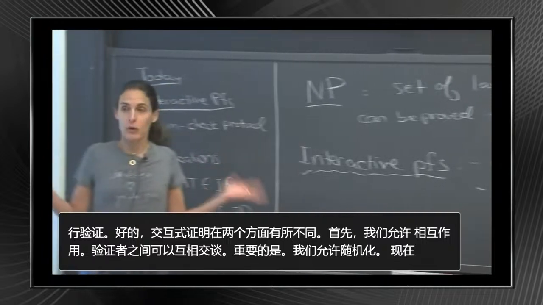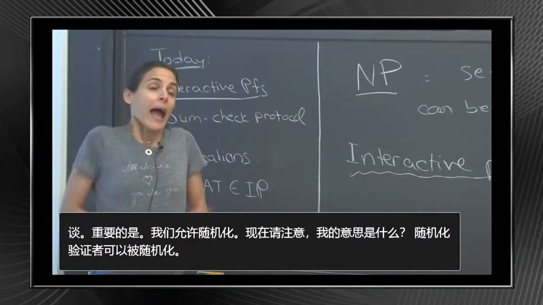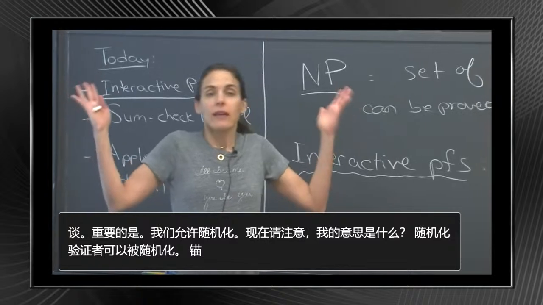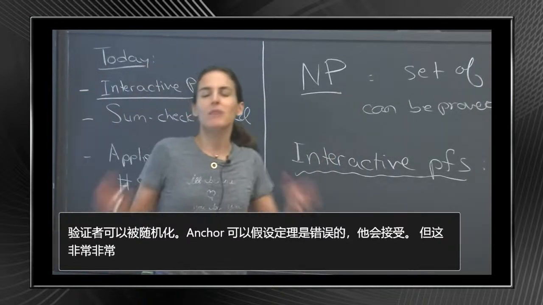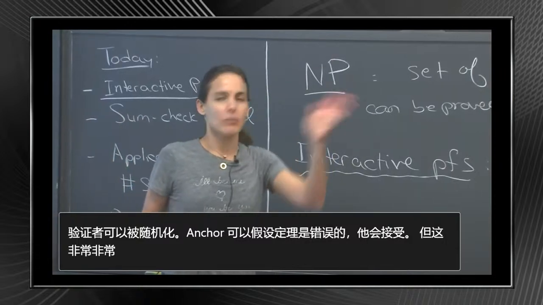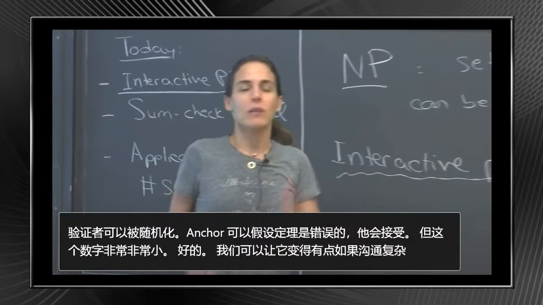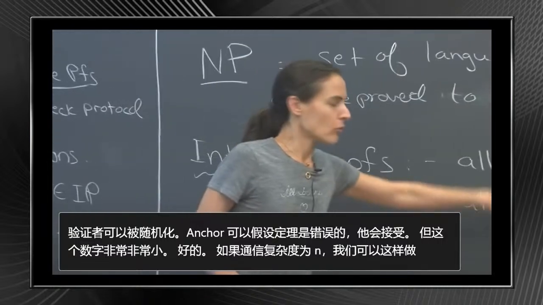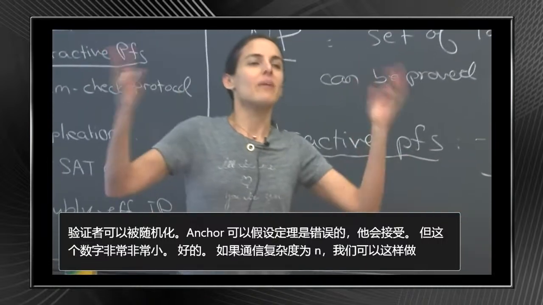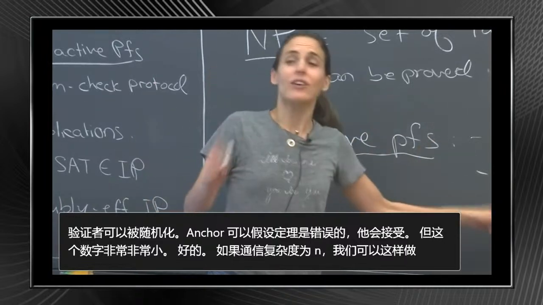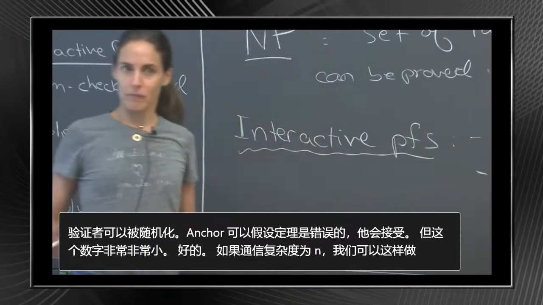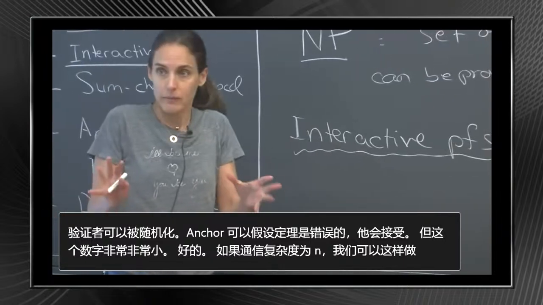The verifier can be randomized, and there can be some chance that the theorem is false and he'll accept, but that's very, very small. If the communication complexity is, let's say, n, we can make the probability of accepting a false statement something like 2 to the minus n. So we can make it very small, but there is a non-zero chance that you'll accept a false statement. In that sense, we weaken the model.